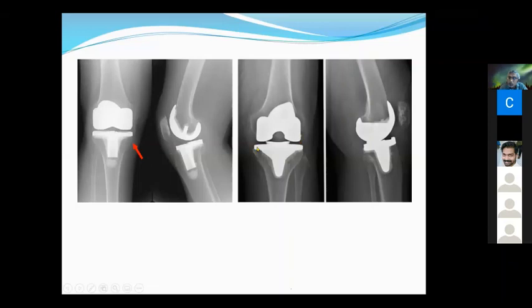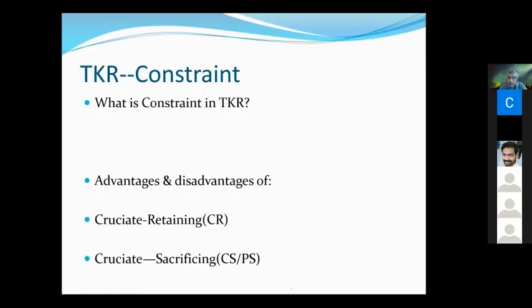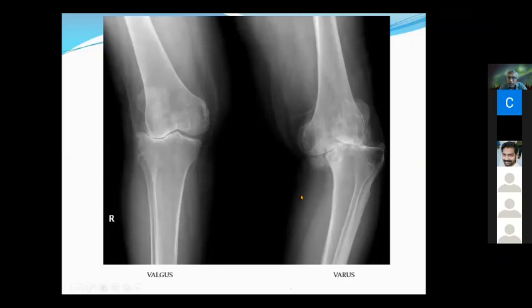So you are assuming that your collaterals are intact, and either you are keeping the PCL or you're sacrificing the PCL. So that is where constraint comes in. It depends on the amount of stability the implant inherently has.